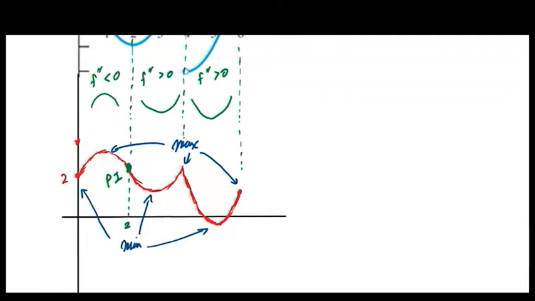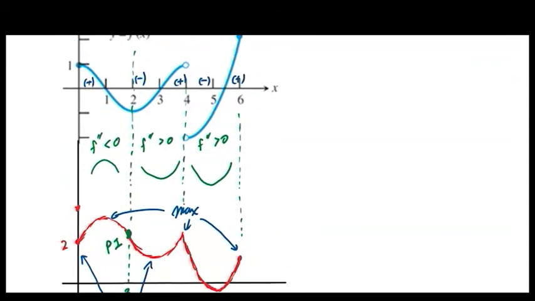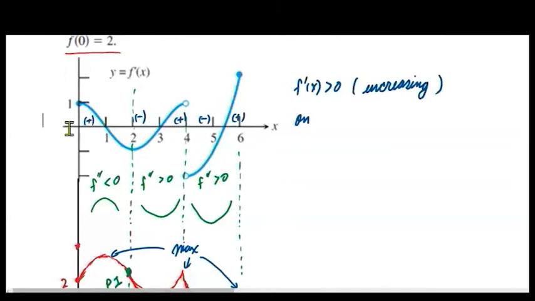Okay, now let's summarize this. Let's justify it because it has to be this format and this format only. Okay, first, f prime of x is positive, meaning increasing. And on what interval is it increasing? We put the pluses and minuses here. So I'll just go with a parenthesis.